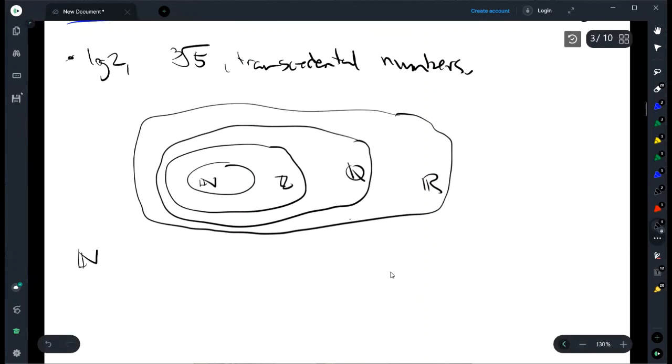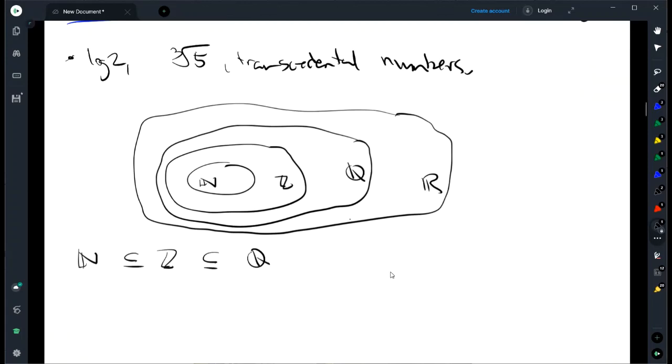So as you can see, the set of natural numbers is contained in Z, in turn, Z is contained in Q, and in turn, Q is contained in R. So that's the aim of analysis.